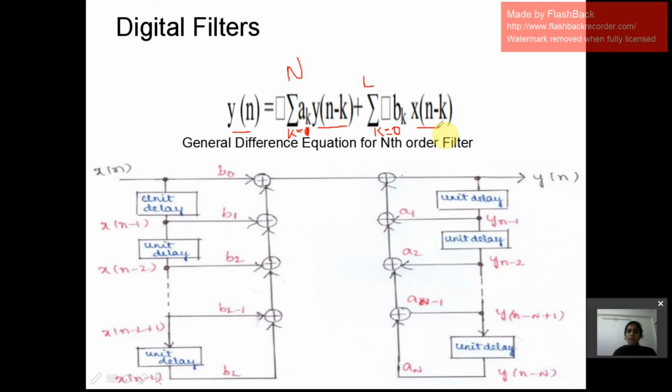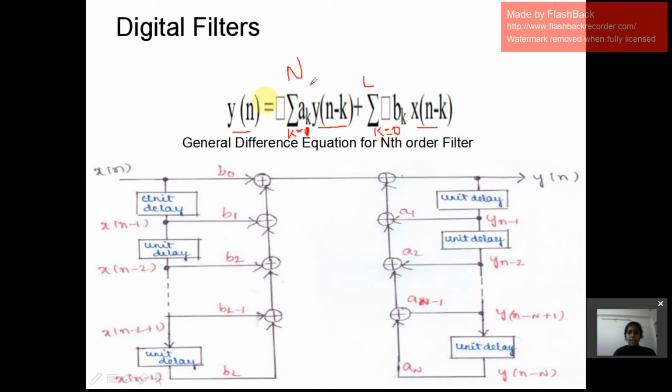When k is equal to 0, it depends on the present input also. When k is equal to 1, 2 and so on up to L, it depends on the past inputs. So with this equation we come to know that the output depends on previous outputs as well as current and previous inputs. This equation is the general difference equation for nth order filter.